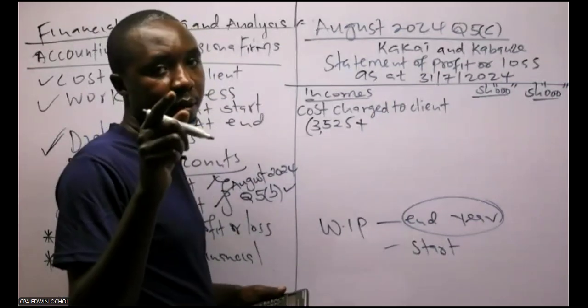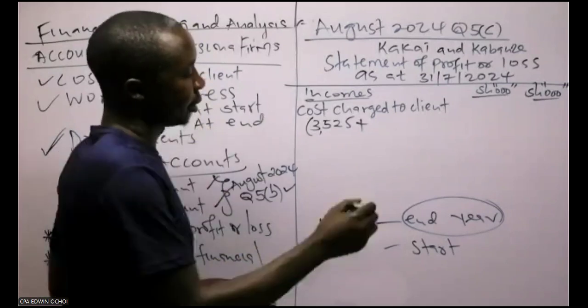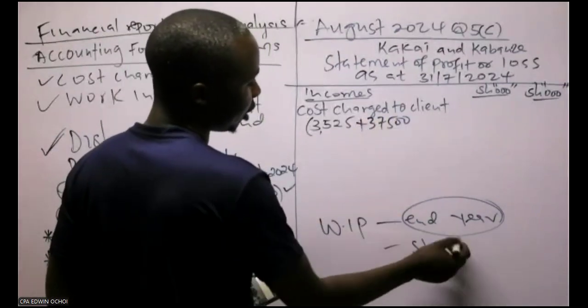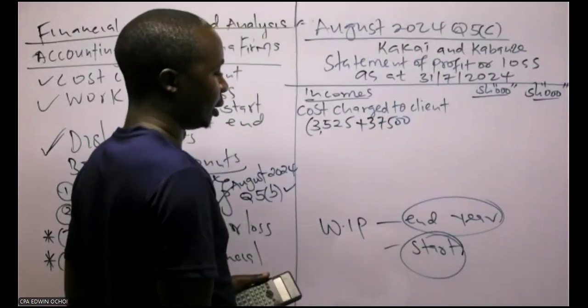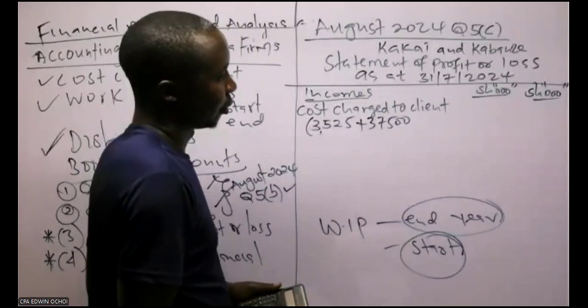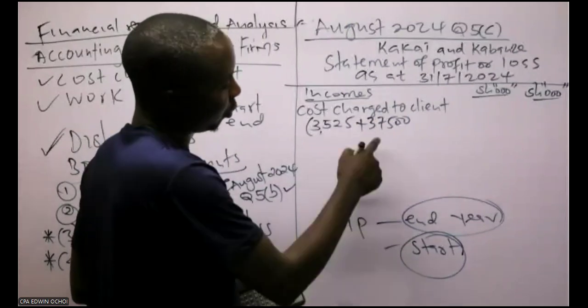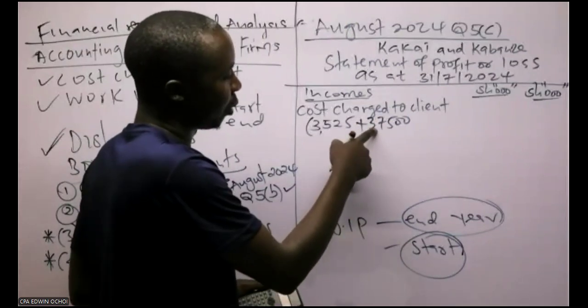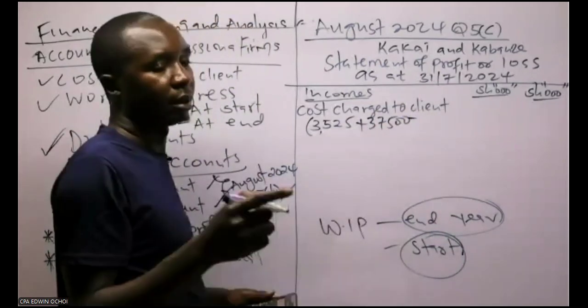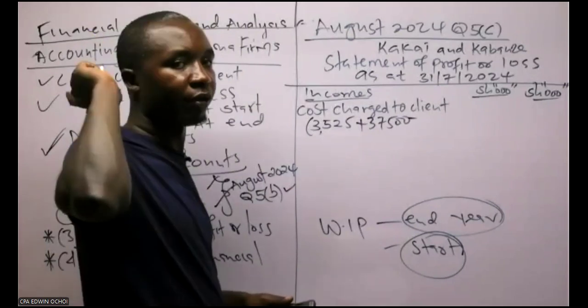From the trial balance, I can see there's 37,500. Remember the work as at the start of the year, which is under the trial balance, work in progress as at 1st August, that one will be catered by what you have paid during the year. So we have to deduct the work in progress as at the start of the year.